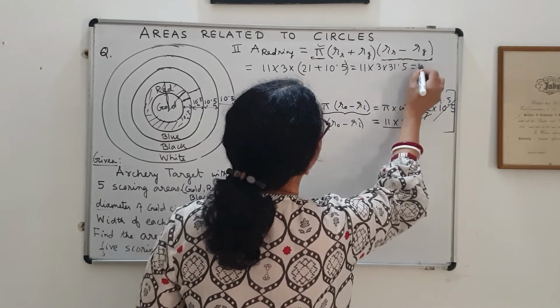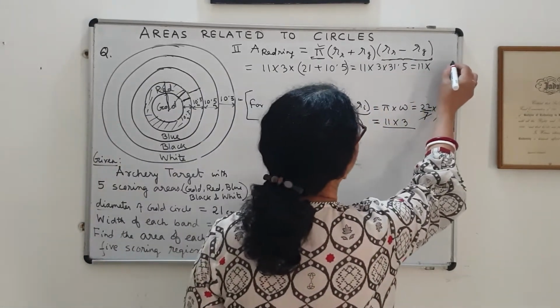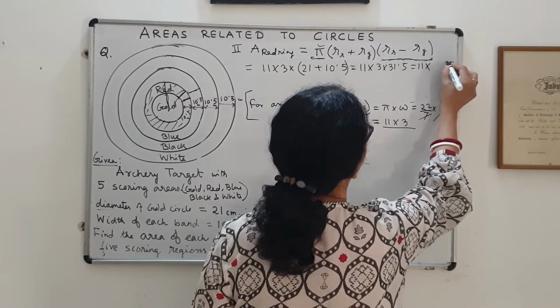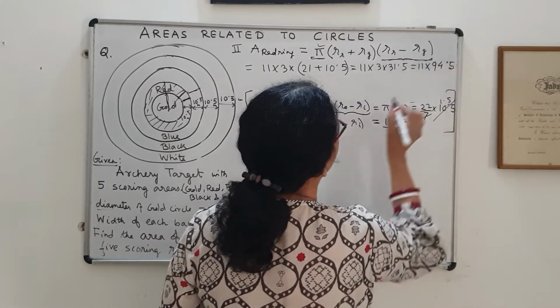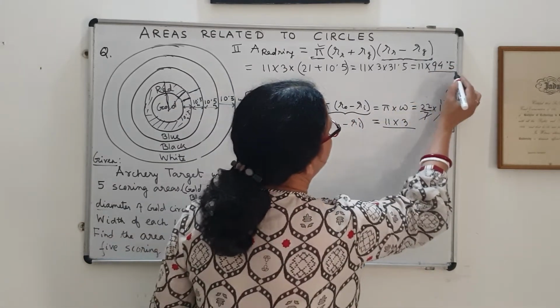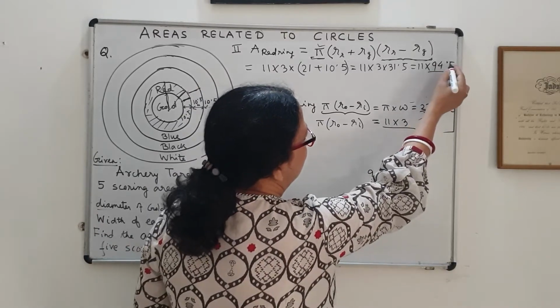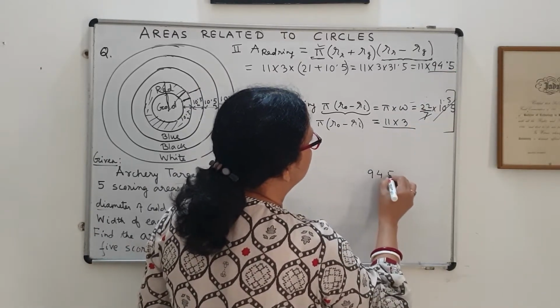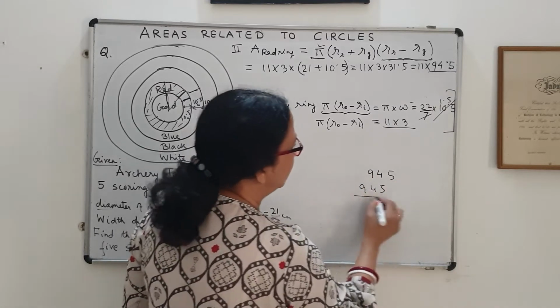Very easily we can multiply 31.5 by 3, which is 94.5. Then 11 into 94.5: 945 into 11, shifting one place, then we add.